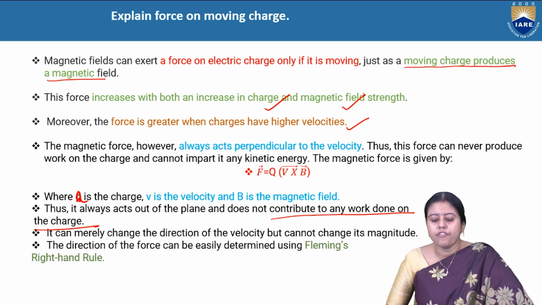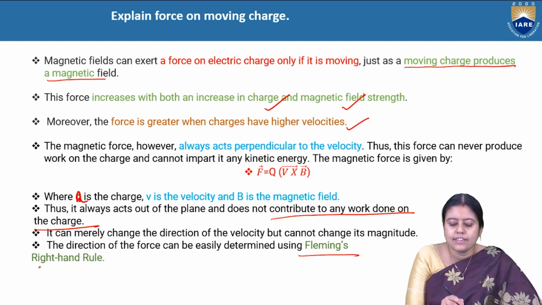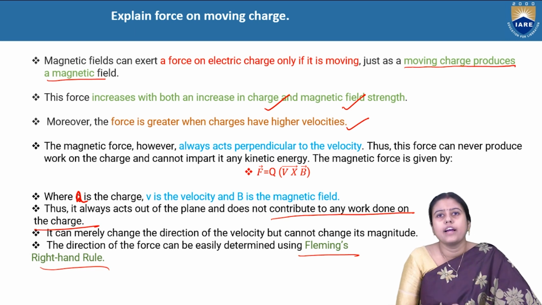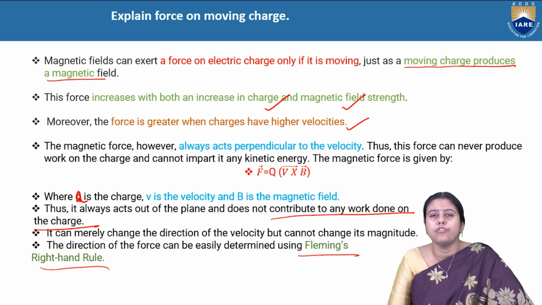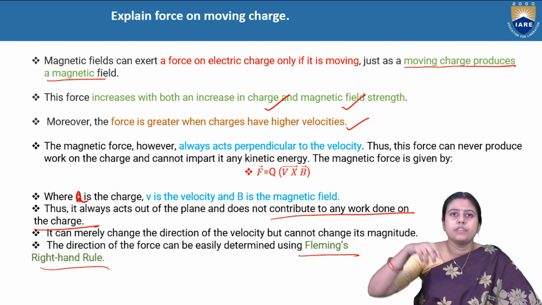The direction of force can easily be determined by Fleming's right-hand rule. If Q and V cross B are in this direction, we can get the direction of the force from Fleming's right-hand rule.